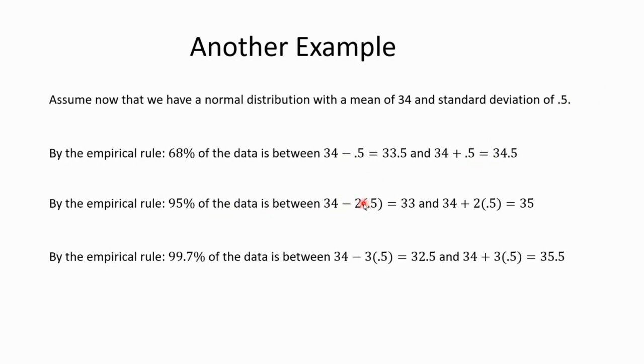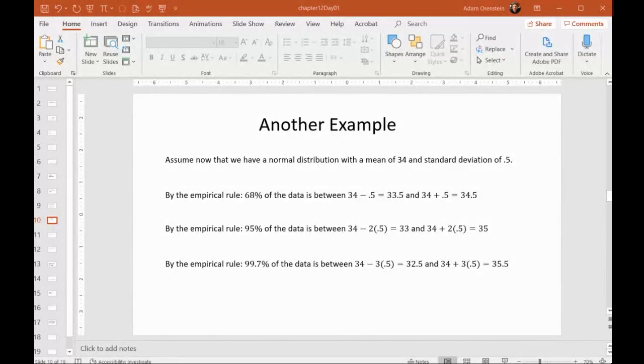So again, we're going 2 standard deviations away from the mean, less than it and greater than it. 95% of the data is within these bounds. Let me show that textbook figure again. And of course, I closed it. I'll look at it next time.